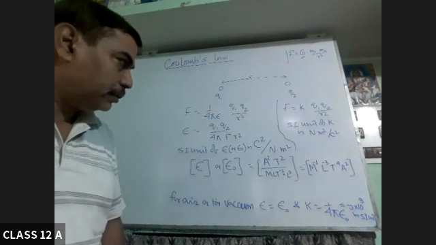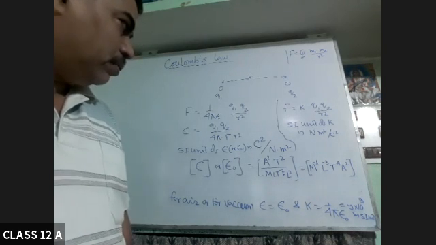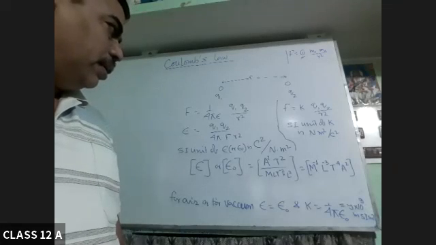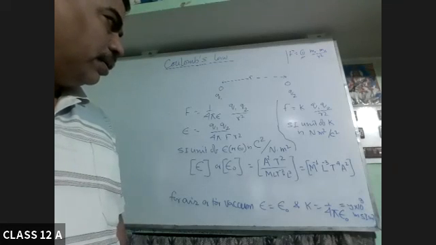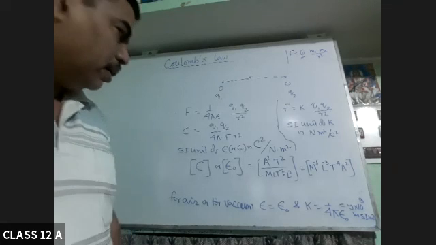Correct. M minus 1 L minus 3 T4 A square.